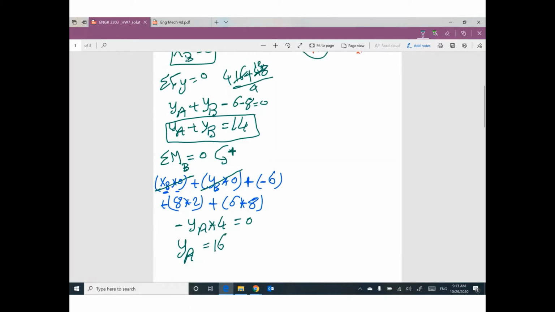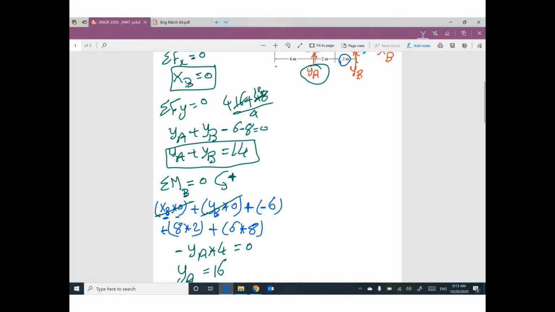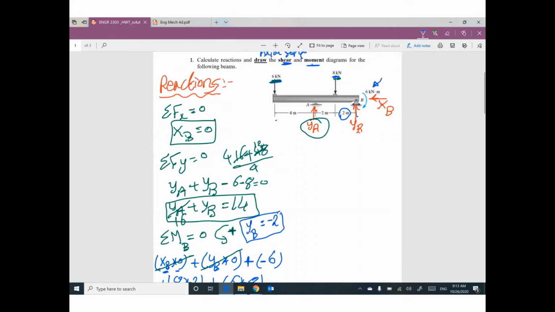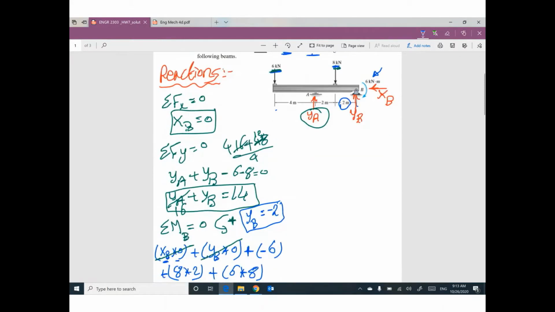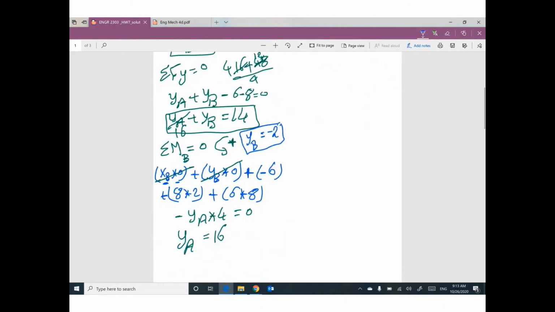If you go back and put YA 16, the value of YB will be negative 2. Is it correct? Guys, I'm sorry, I don't have a calculator right now, so can you help me? The value of YA here will be 16. No, I don't think so. I think no.